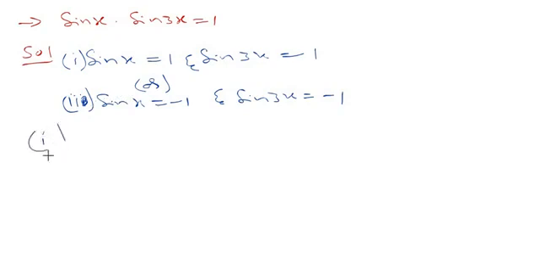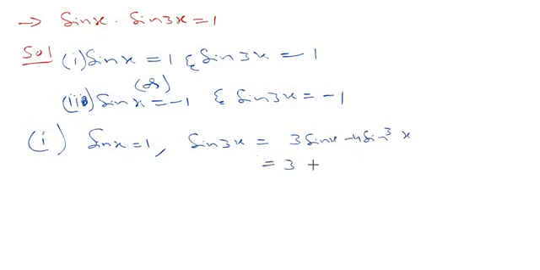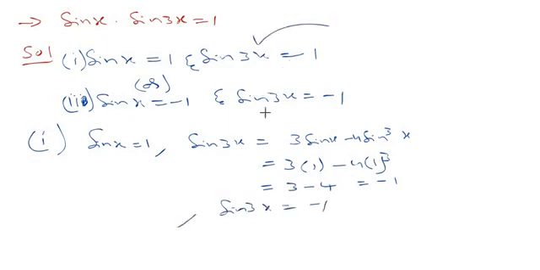So first let us consider case 1. Here sin x should be 1. Then let us consider sin 3x. Its formula is 3 sin x minus 4 sin cube x. So here 3 times sin x means 1, minus 4 times sin cube means 1 cube. So it is 3 minus 4, nothing but -1. So we got sin 3x as -1, but we want sin 3x to be 1. So that's why case 1 failed. Let us consider the second case.